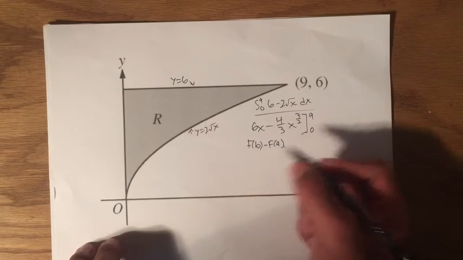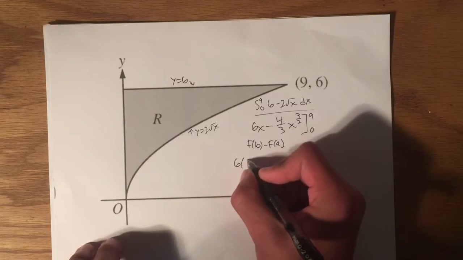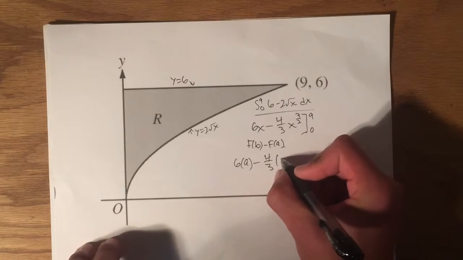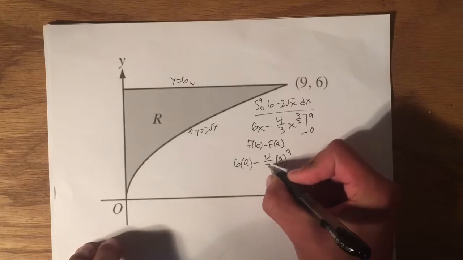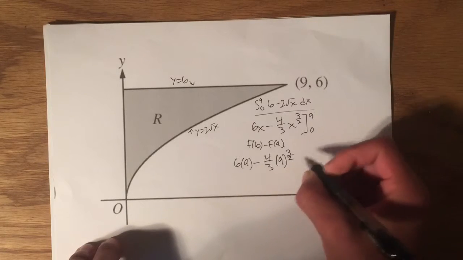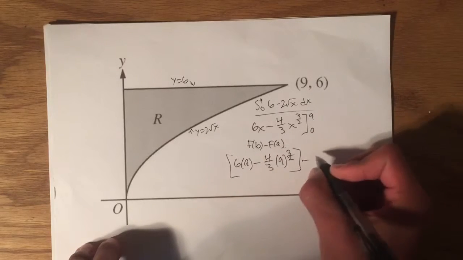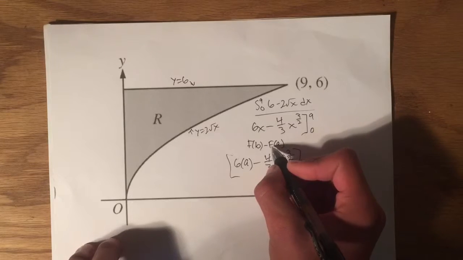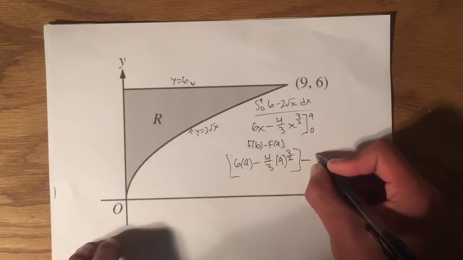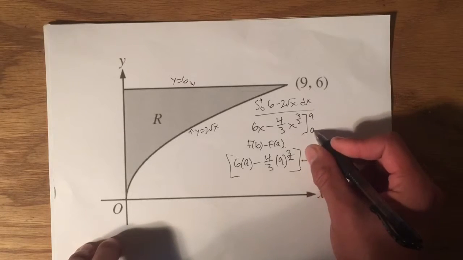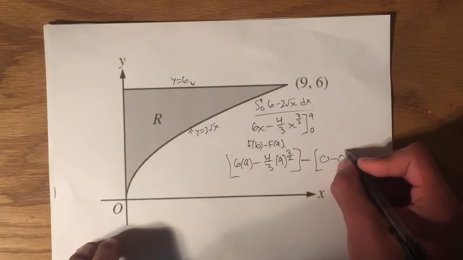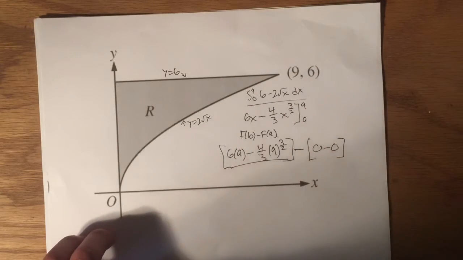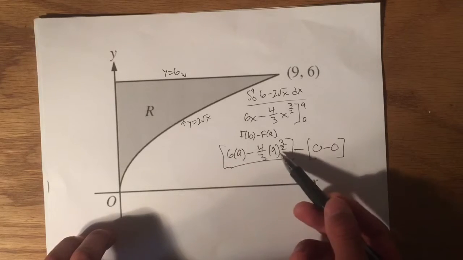So f of b minus f of a is going to be 6 times 9 minus 4/3 times 9 to the 3/2, and then minus f of a. When we plug in 0, it's just 0 minus 0, because anything times 0 is just 0. So we're left with this, and to get our area, we just simplify all of this out.